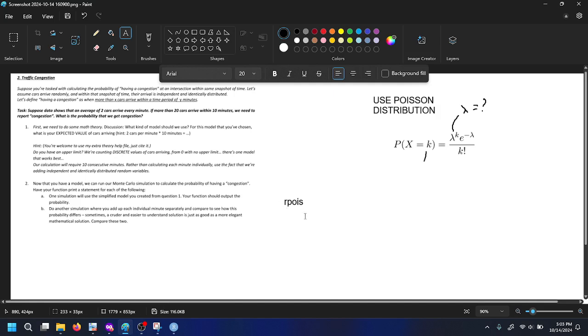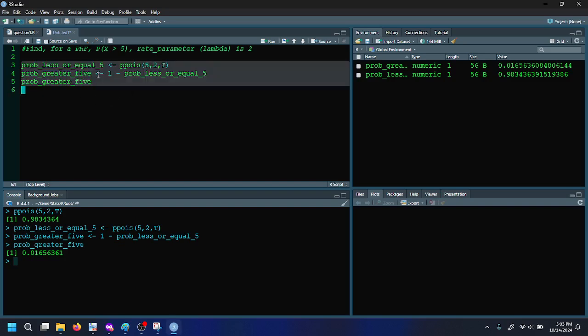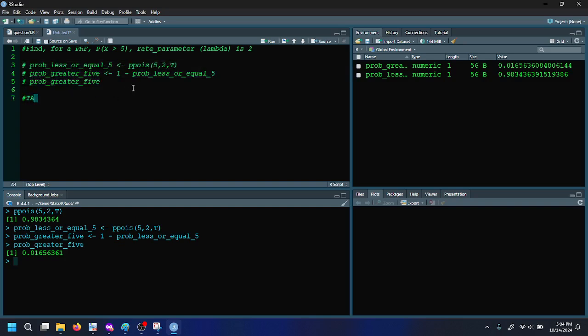This will let us get random numbers from a Poisson distribution. The arguments of rpois are the number of values we want to get, let's call that n, and then our lambda, the rate parameter that we specify. Again, let's go back to RStudio, and rather than delete that, let me just comment it out. So, task 2.